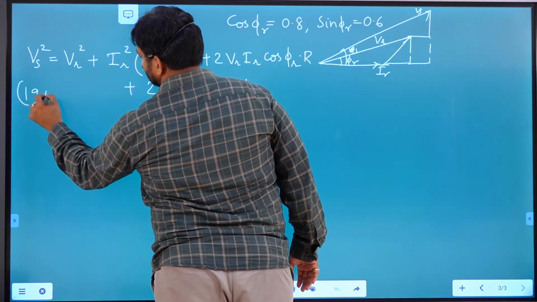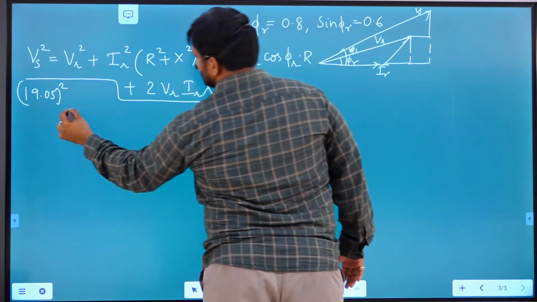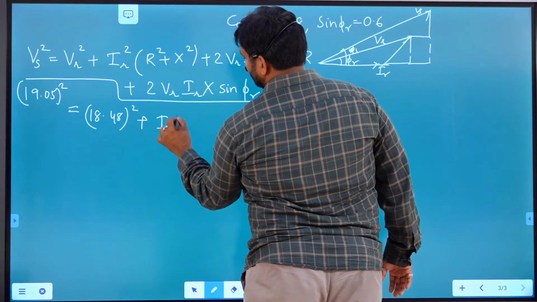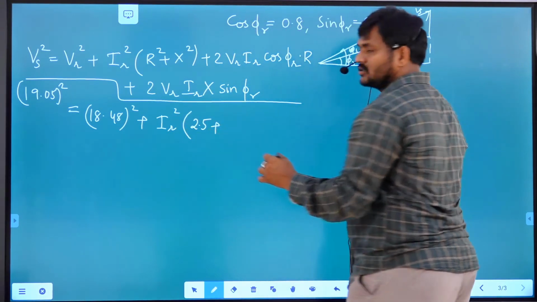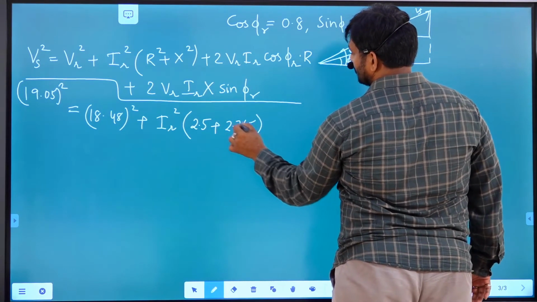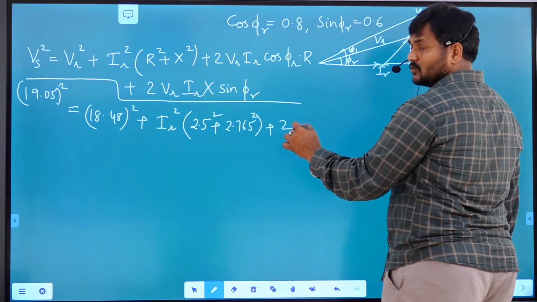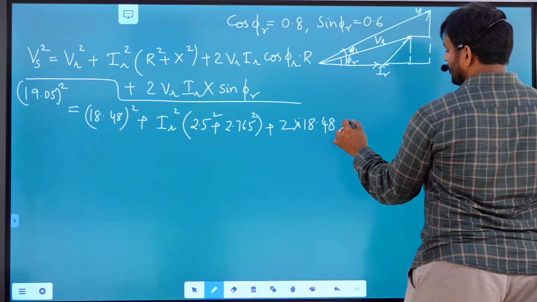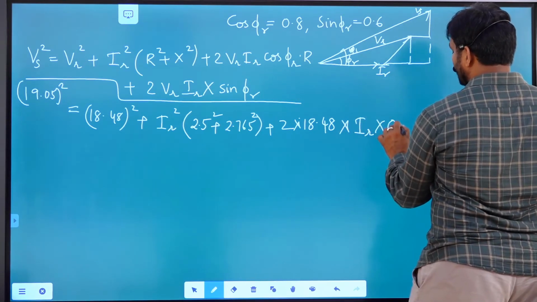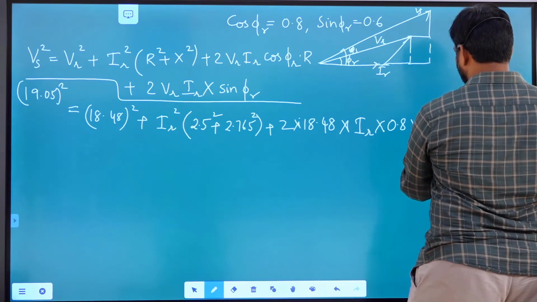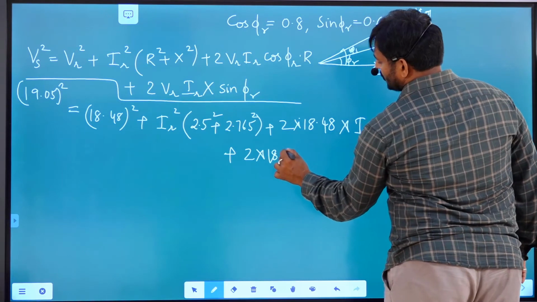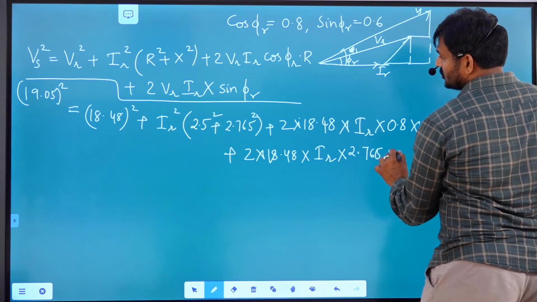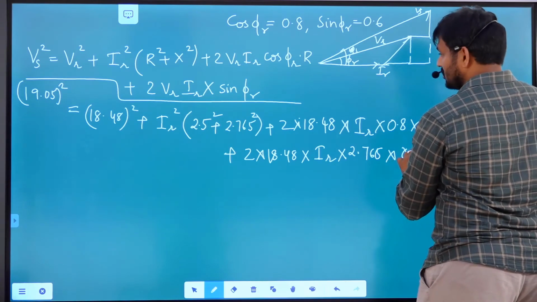So 19.05 square is equal to 18.48 square plus IR square into R is 2.5, X is 2.765 square, plus 2 into VR is 18.48 kV into IR, which we don't know, cos phi R is 0.8 and R is 2.5, plus 2 into 18.48 into IR into X is 2.765 into 0.6.